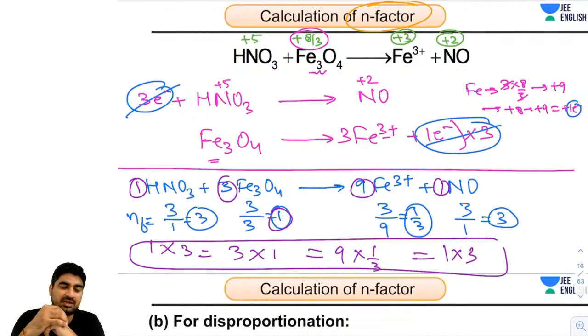There might be some hiccups, but surely it will be there. Don't take tension, guys. Don't take tension, Kishan. Your name is also Kishan, and probably it will be from Lord Krishna. So they never took tension. Just focus on your studies, right?